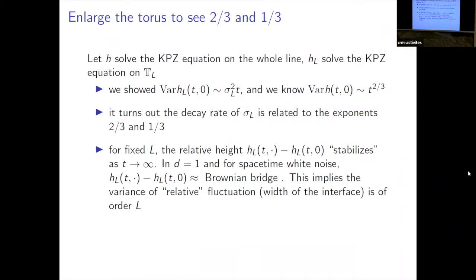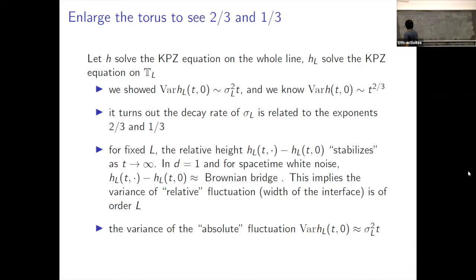So on the torus of size L, the variance is of order L. If you just look at H at 0, the variance is of order T, but the relative fluctuation is of order L. When L is fixed, that's much smaller than T. So if you enlarge your torus, at one fixed point, say x equal to 0, this is your variance, and the variance of this increment process is of order L. If L is much smaller than T, then it's basically still a one-dimensional thing.